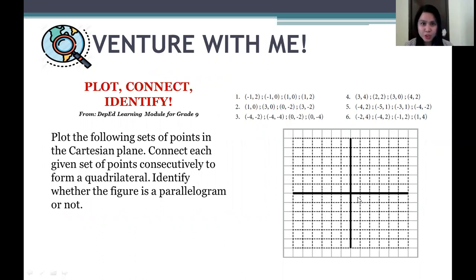Let us assume this is 1, 2, 3, 4, 5, and the other axis is also 1, 2, 3, 4, and 5. So let us make an assignment. You can annotate, okay? Feel free to draw on my board. Number 1, AP with a red. Please follow your color, okay?